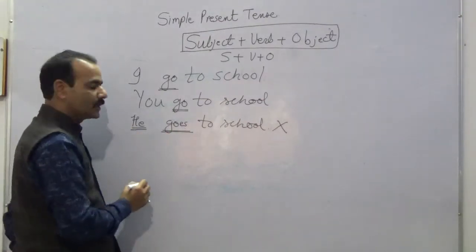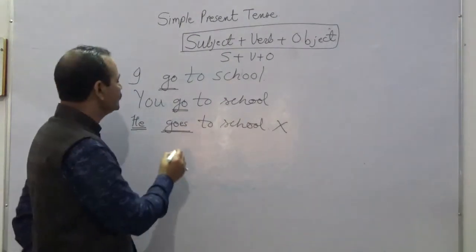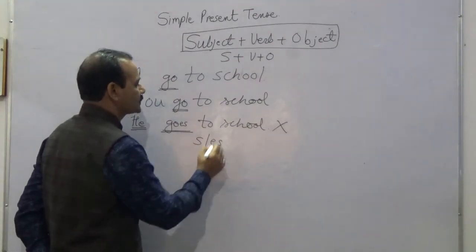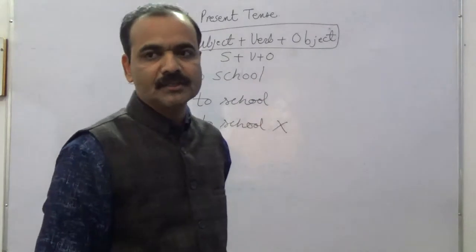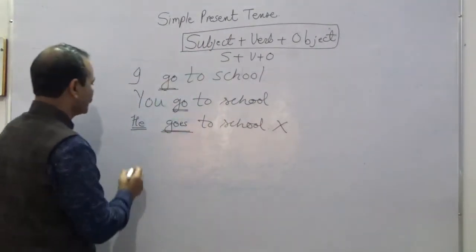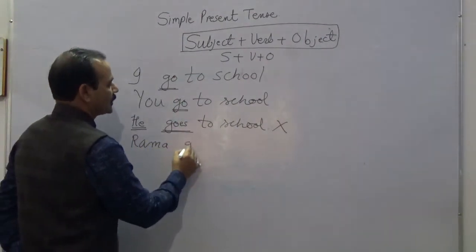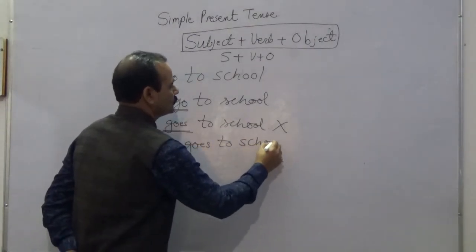In the same manner, whichever third person singular subject we use, we must use S or ES with the first form of the verb. Let us take some more examples. Rama goes to school.